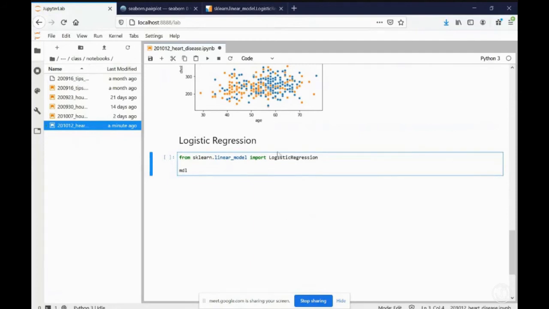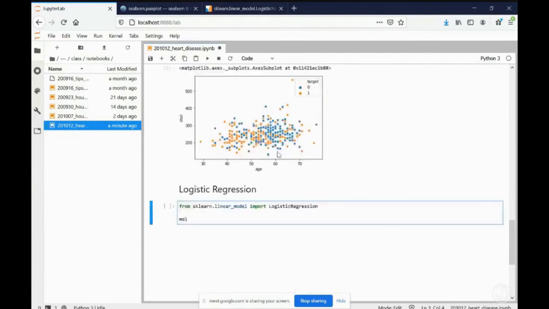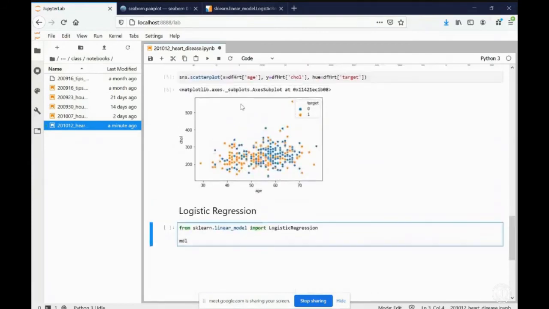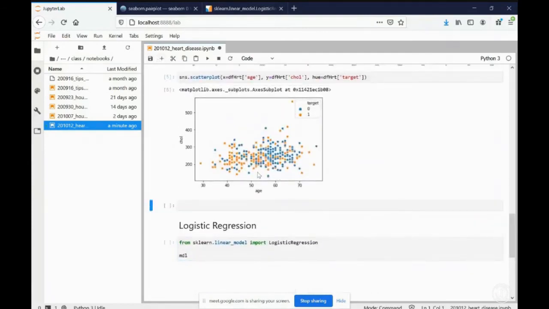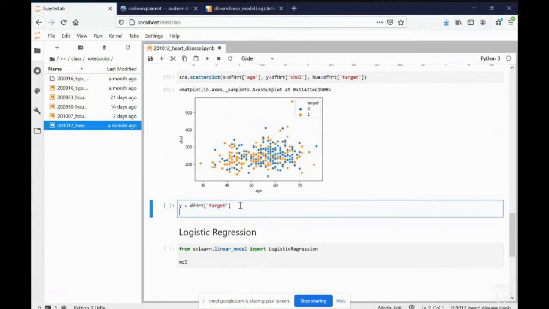Oh, actually we didn't specify our data, y and x. So let's do that before we do this. Let's say y is the target column, and x is the data frame, except we're going to drop the target column.